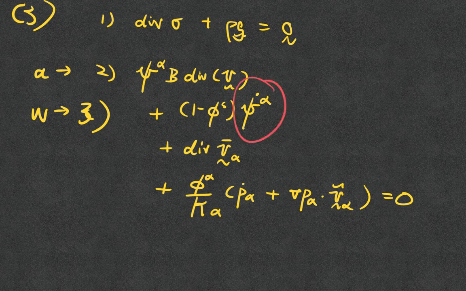Here, you swap the degree of saturation as an unknown to the pressure, so the time derivative will be rewritten as PA dot minus PW dot. Okay, so then you have the UPP formulations.